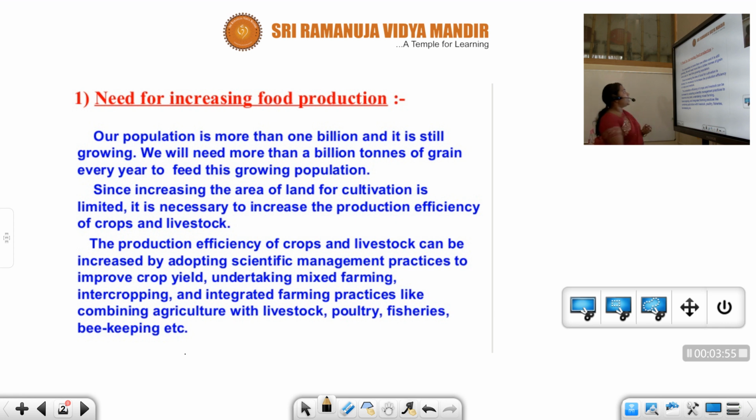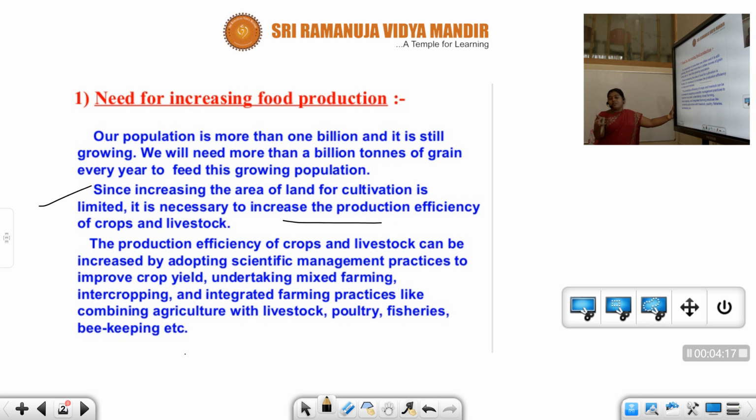Along with the population growth, can we increase the agricultural lands? Can we increase the crop lands? No. Since increasing the area of land for cultivation is limited, it is necessary to increase the production efficiency of the crops and the livestock.